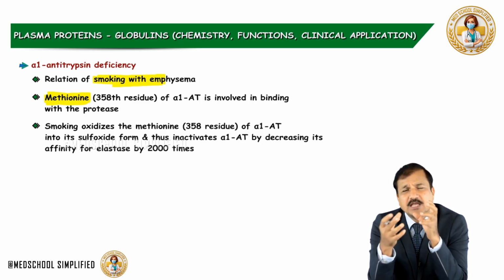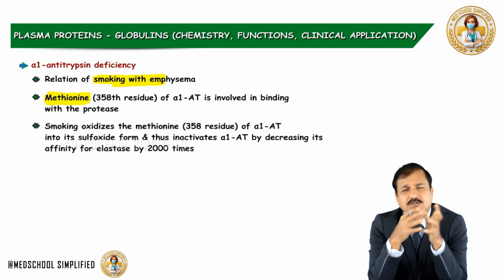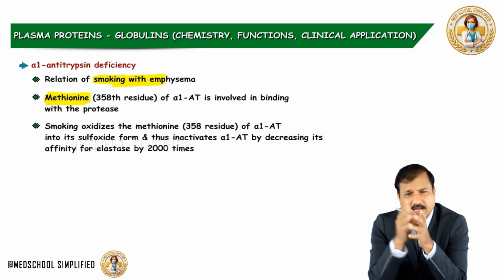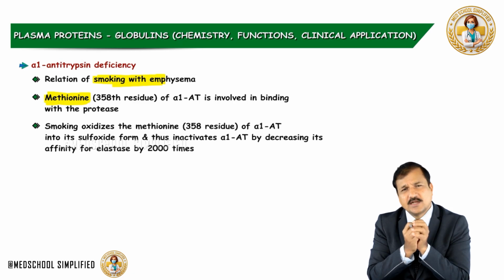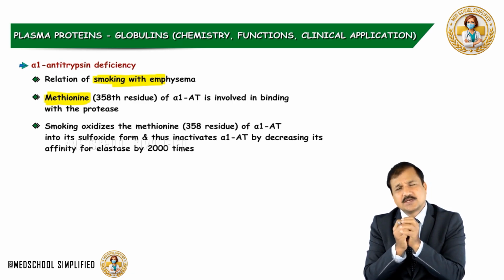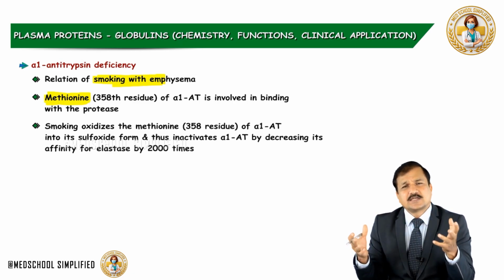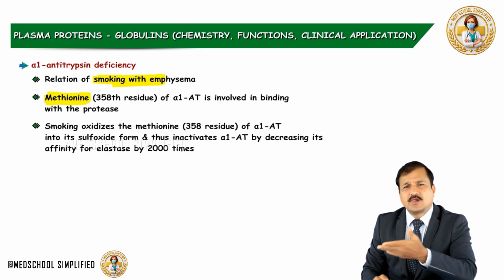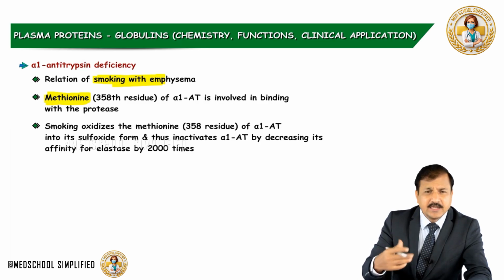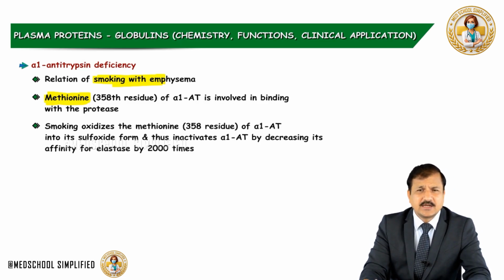Thereby it decreases the affinity of elastase towards alpha-1 antitrypsin, and that happens by 2000 times. Thereby elastase does not bind to the active site of alpha-1 antitrypsin, and that means elastase is overactive and it's going to degrade the elastic tissue in the lung, giving rise to emphysema.